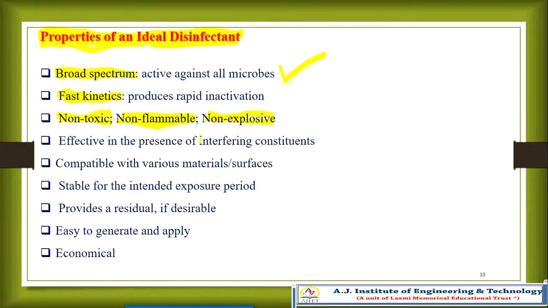Compatible with various material surfaces. Stable for the intended exposure period.